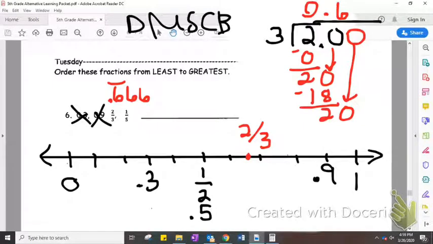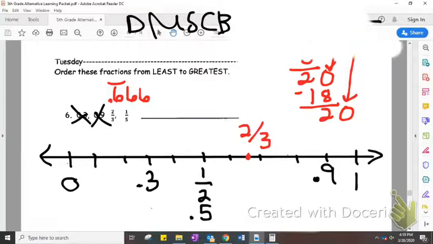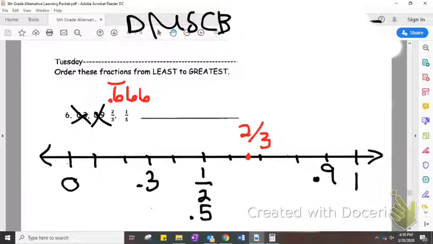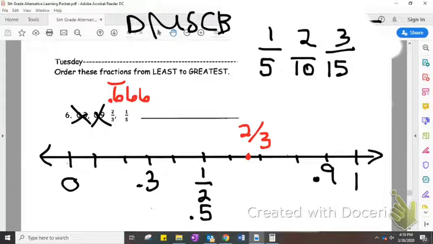Okay, so now we need to figure out 1/5. Okay, so one easy way to figure out the decimal equivalent of 1/5 is to make an equivalent fraction. So let's skip count to make our equivalent fraction. 5, 10, 15, 1, 2, 3. 2/10.